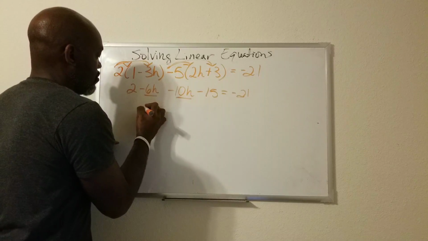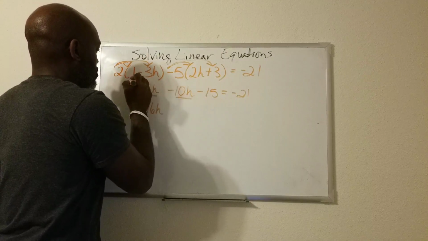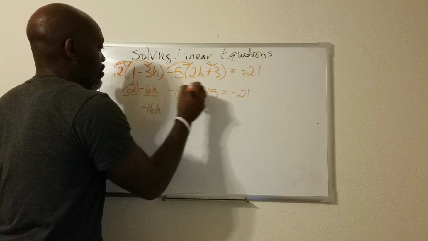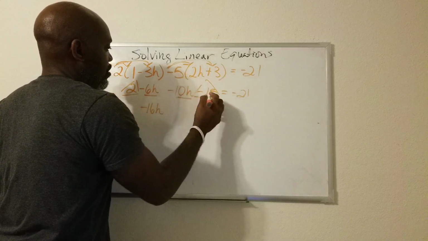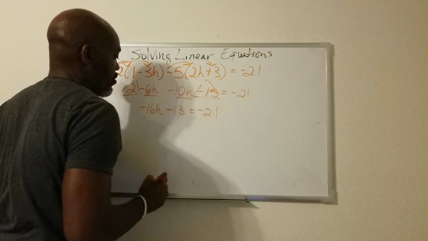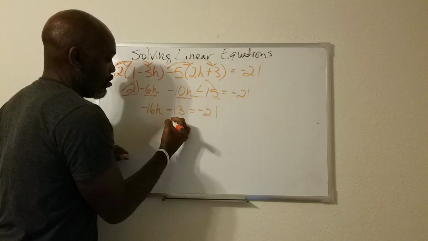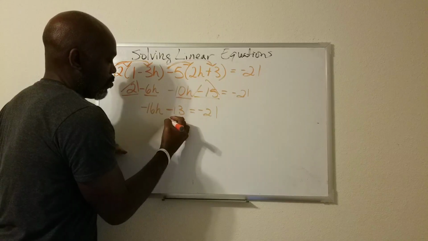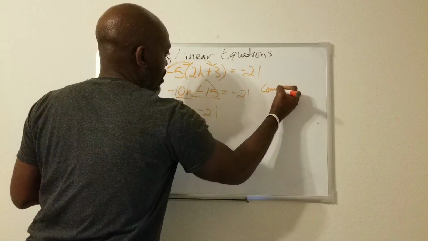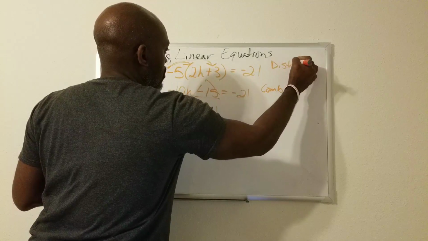That's -16h, 2 minus 15, it's a -13 equals -21. So here what we did was combine like terms. Here we distributed.